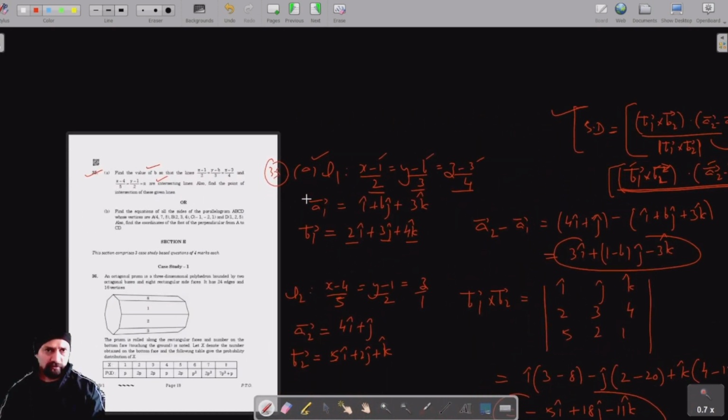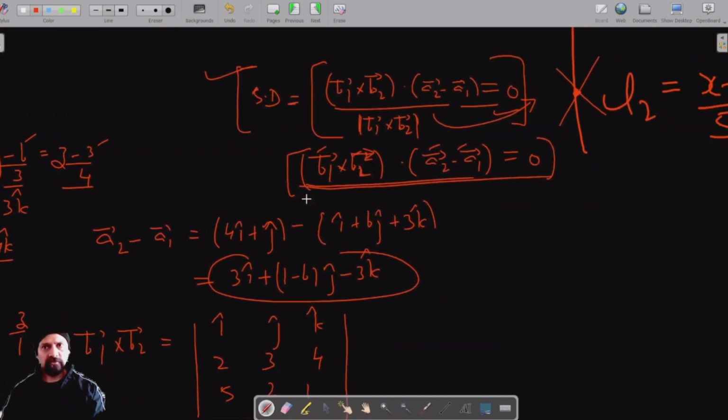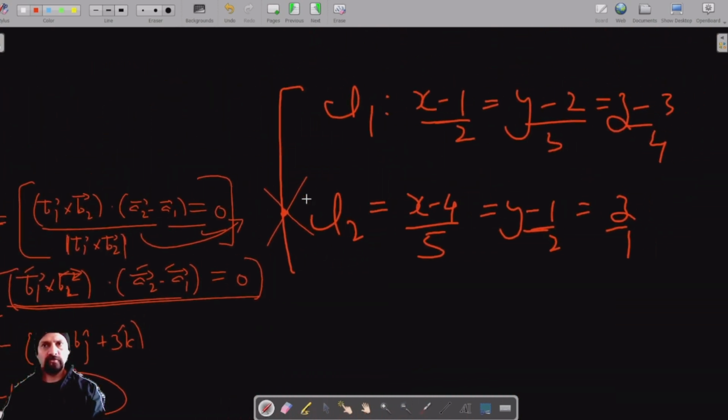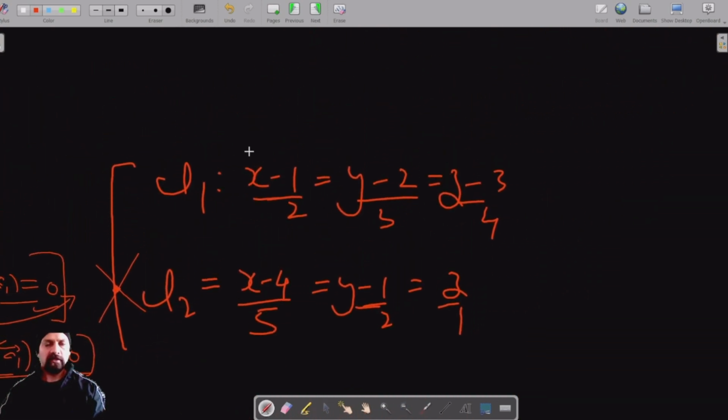Now, the next question is to find the point of intersection of these two lines. The point of intersection is common to both lines L1 and L2, so if I take the coordinates of this point from line 1, they will satisfy the equation of line 2.